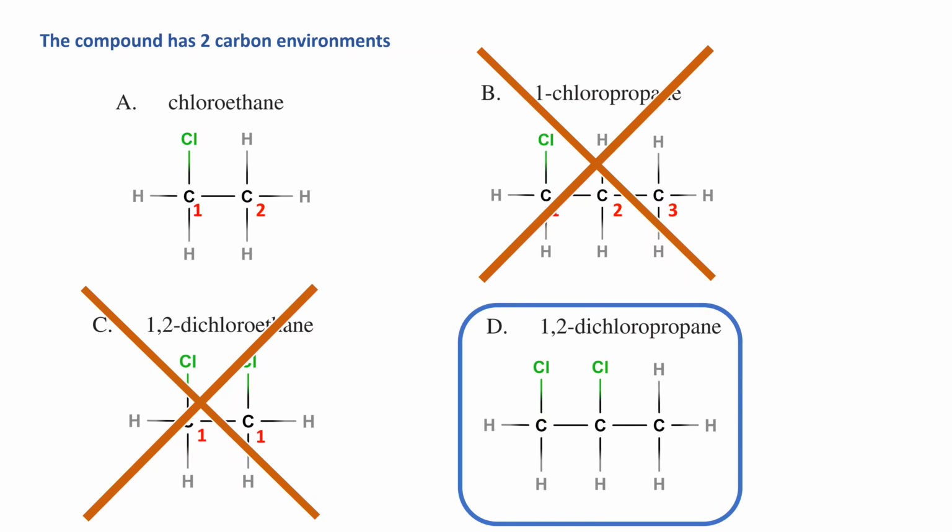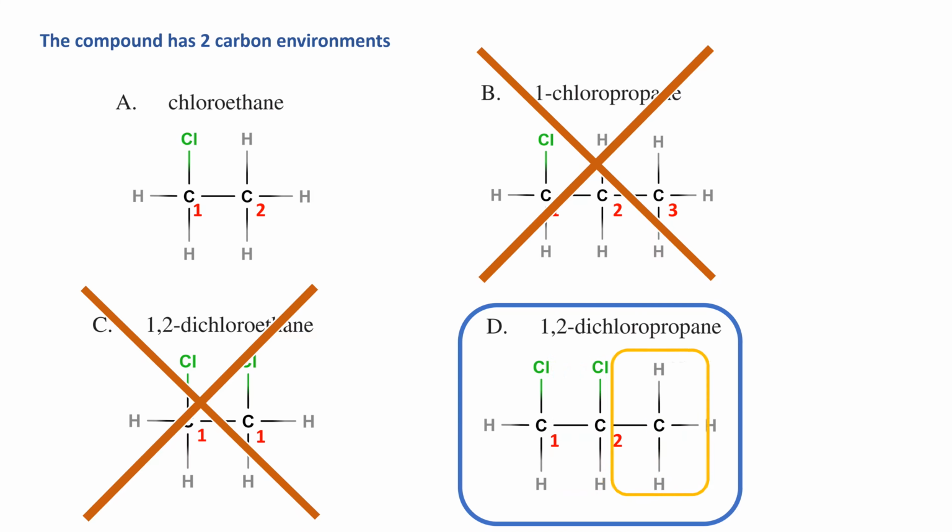Lastly, option D is 1,2-dichloropropane. We will label this carbon as number 1. It has 2 hydrogens, a chlorine, and a CHCl group attached, which itself is connected to CH3. The next carbon has a hydrogen, chlorine, and a CH3 group from one side, and a CH2Cl group from the other side. This is different from the first, so we will label it as carbon number 2.